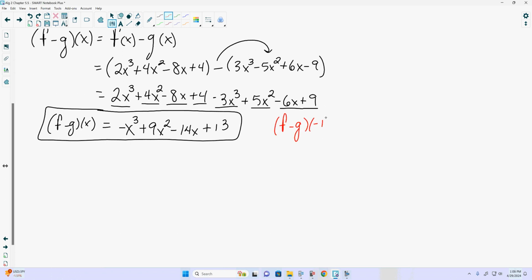Now it's going to want us to find f minus g of negative 1. So all we're doing is plugging negative 1 into every x. So we have negative 1 cubed plus 9 times negative 1 squared minus 14 times negative 1 plus 13.